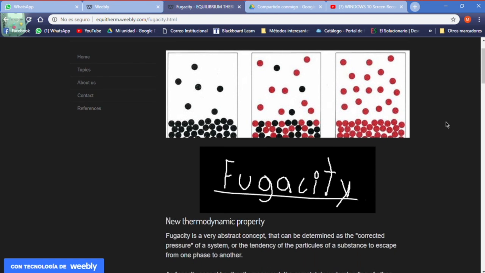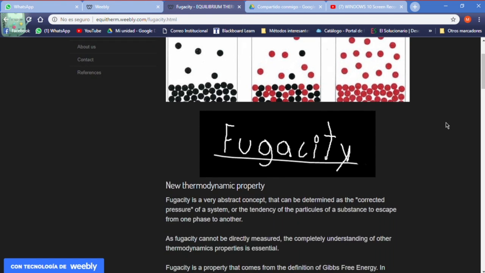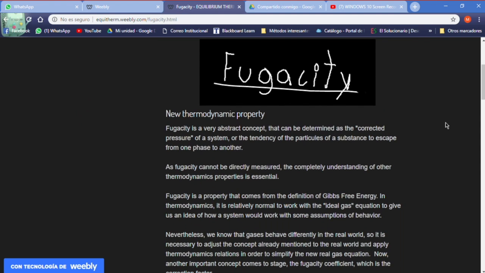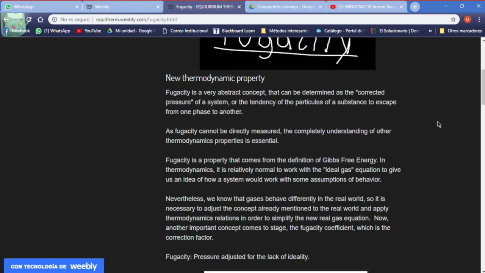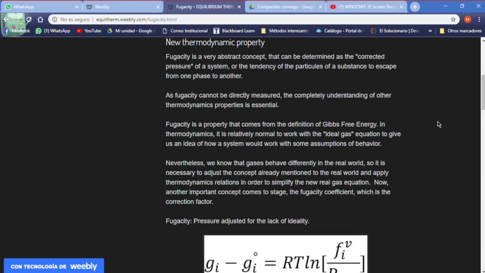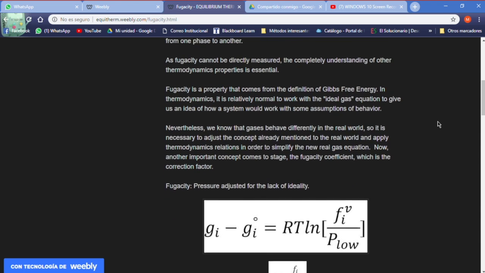Here in this page we have the definition of fugacity. Fugacity is a very complex term we learned in class, so we try to describe it the more simply we can, but it's difficult for all people to understand.